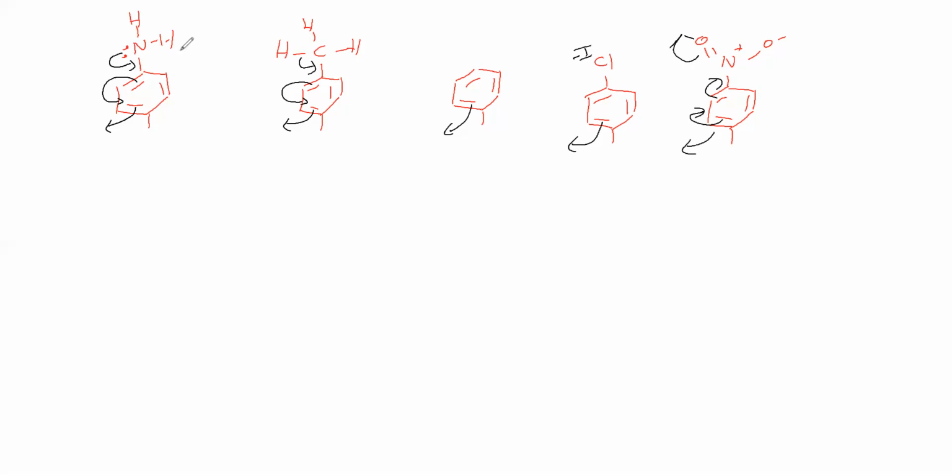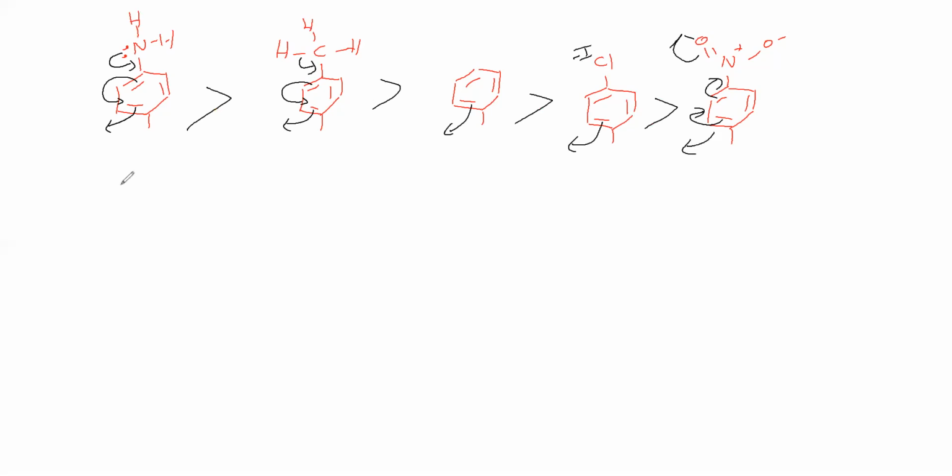Here it is plus R, and there is hyperconjugation. It is a plus R group, easily donating electron cloud, so it has more migration tendency than this. Since it has no such effect, phenyl has more tendency than the chloro one. Here the NO2 group shows a minus R effect, therefore the tendency is less. Like this the migration order will be there.